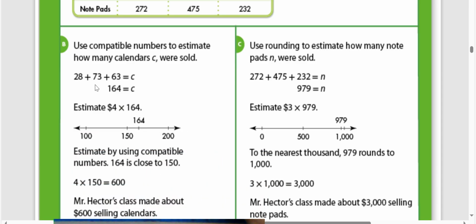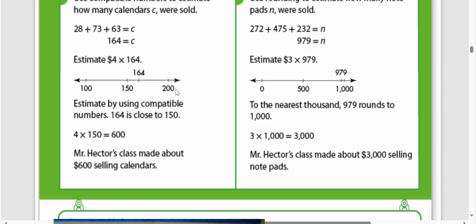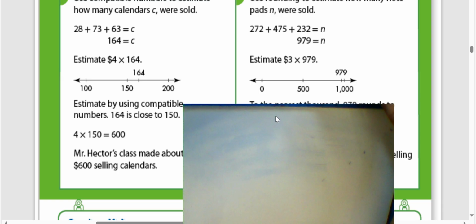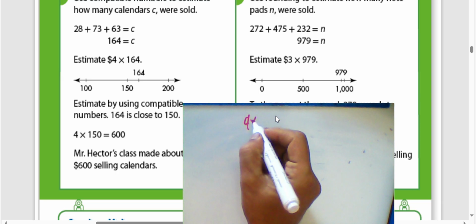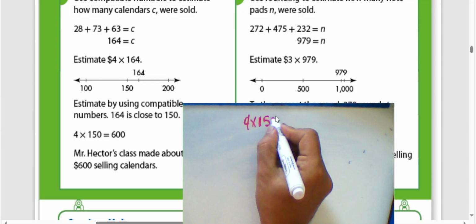28 plus 23 plus 63 plus c, then we can find the value of c by estimating 4 times 164. We have 164 nearest to 150, because it lies between 150 and 200. Then we can multiply 4 by 150.